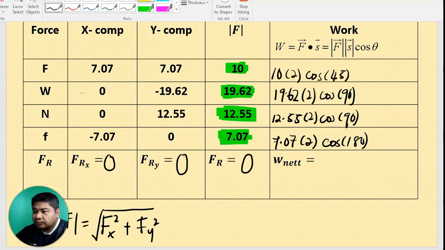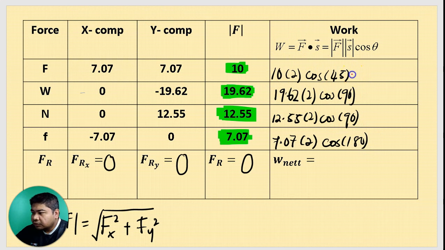So this will give you the work done by the force. Alright, so 10 times 2 cos 45, you are going to get 14.14. So you have here 14.14.